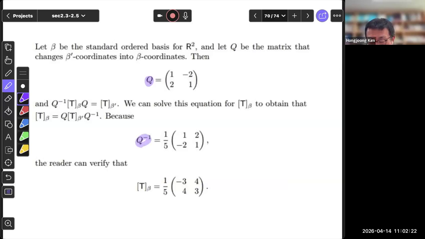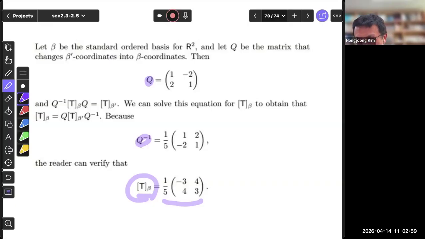Then this matrix representing T with respect to the standard basis can be obtained by multiplying these three matrices. That means if I give you any vector, you can easily identify the coordinate with respect to the standard basis, and then if you multiply that vector with this matrix, then you get the coordinate of the image with respect to the standard basis.